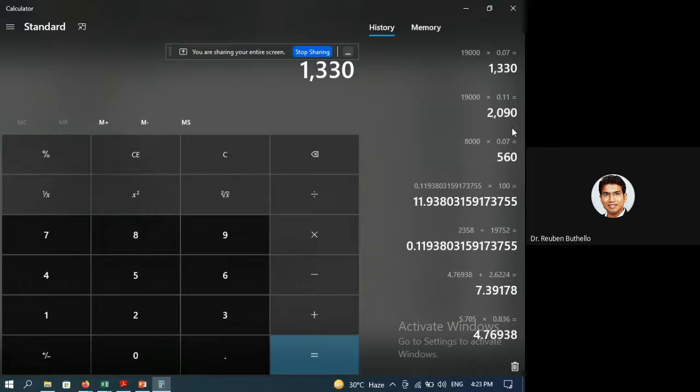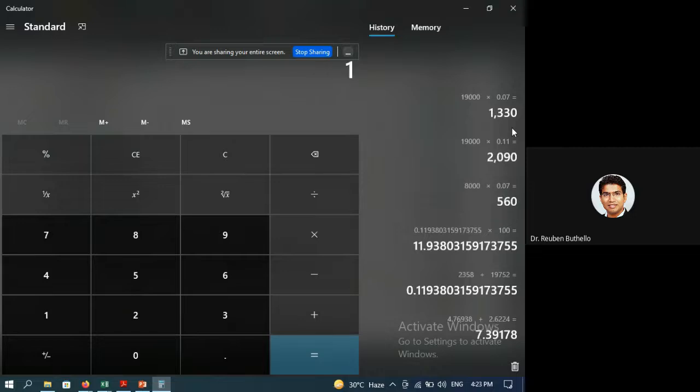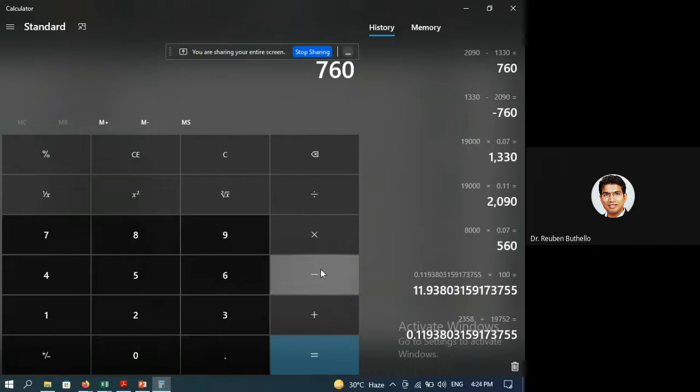How much would he have to pay? 1,330 crore interest. He paid how much? 2,090 minus 1,330. He could have actually made a profit of 760 crore if he would have only taken my advice.